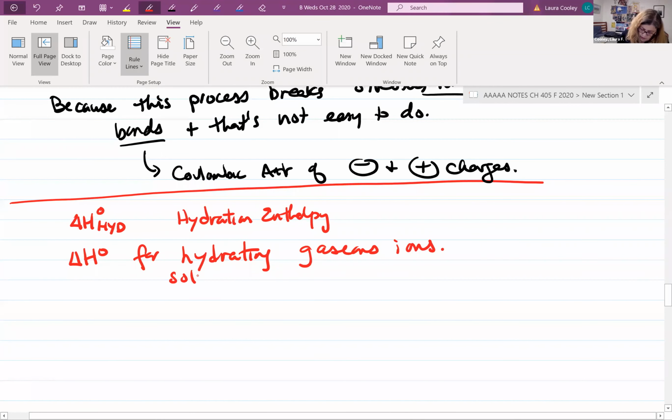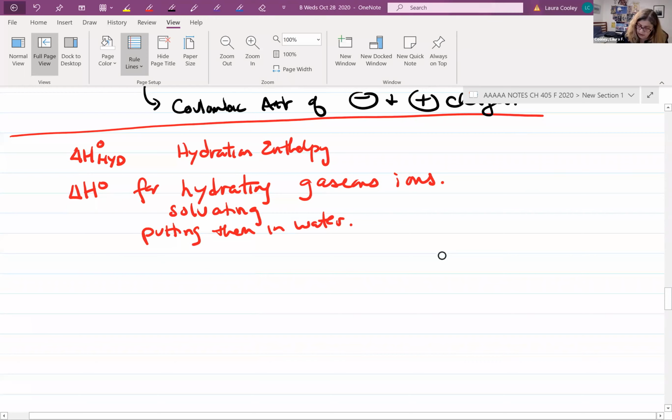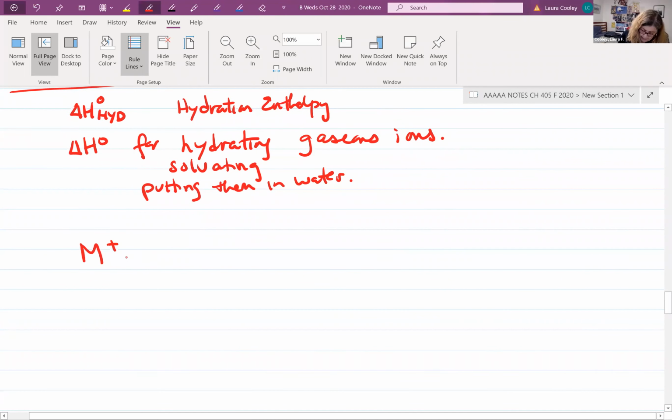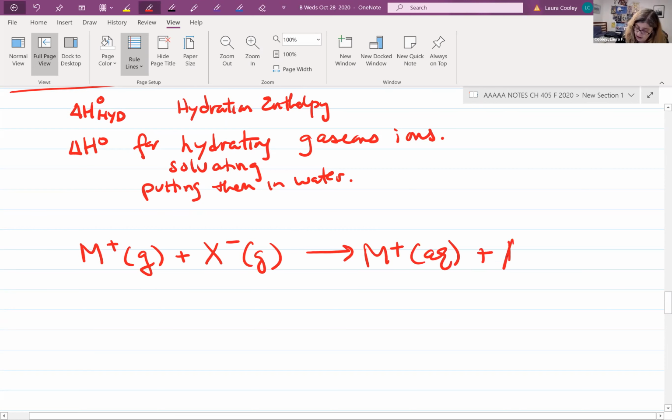You could also call it solvating, putting them in water. So for example, if you had the same ions that you just got, so you just ripped the lattice apart, you have these gas phase ions, and now you're putting them in water. So the phase changes from gaseous to aqueous.